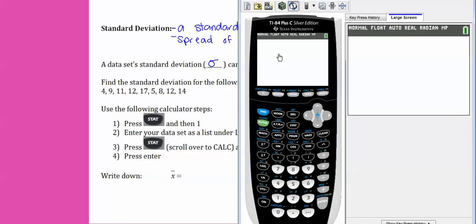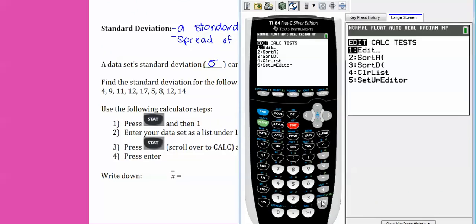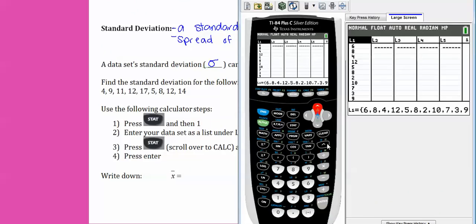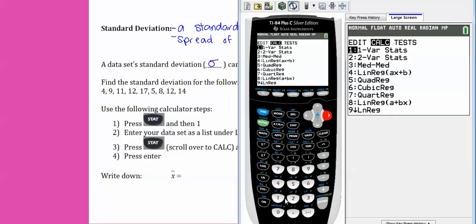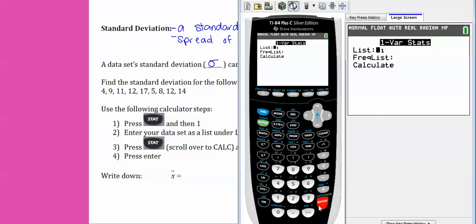So we're going to go to Stat, Edit, clear out whatever is in there, and I'm going to put in 4, 9, 11, 12, 17, 5, 8, 12, and 14. Stat calc 1, and go to calculate.